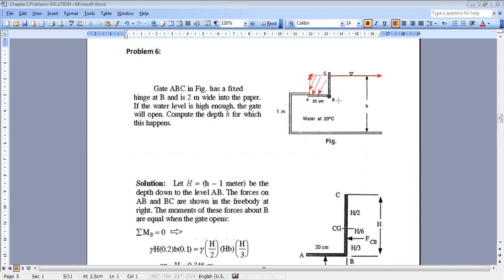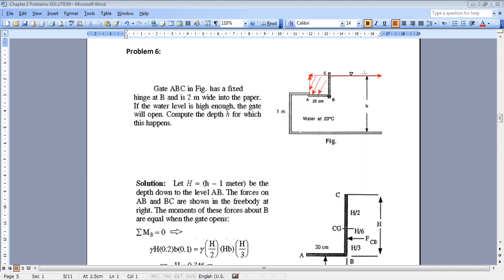Yes, please. Can you repeat? Yes, please, doctor. Okay, I will repeat. What we want to demonstrate is that if I have a surface and water below the surface, and I want to find the force of the fluid on the surface, I can find it directly.